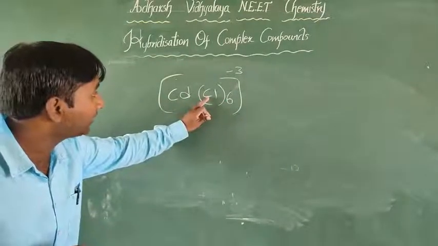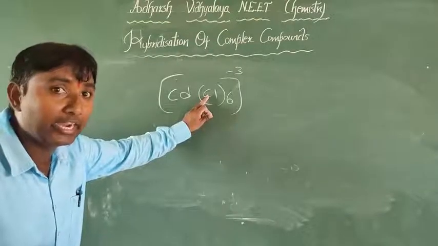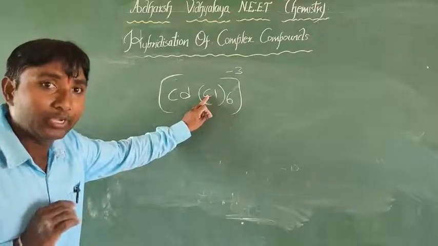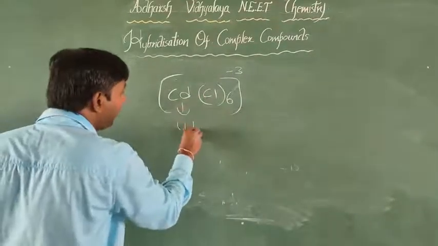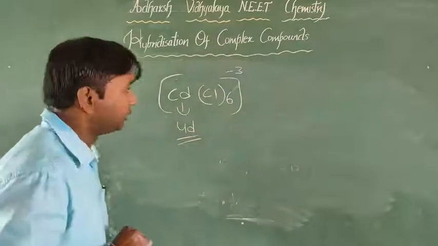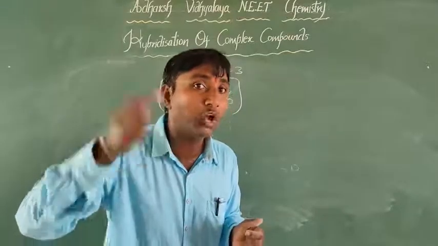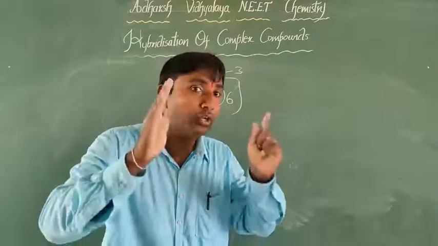Here your doubt is, this is a weak field ligand, so electrons should not undergo pairing. But cadmium is a 4d series element. So listen students, in the presence of strong field ligands, electrons undergo pairing.